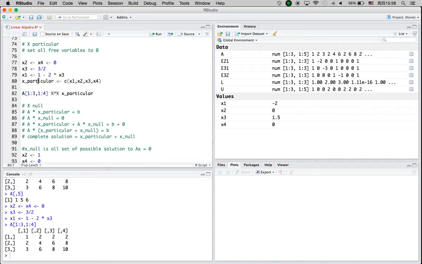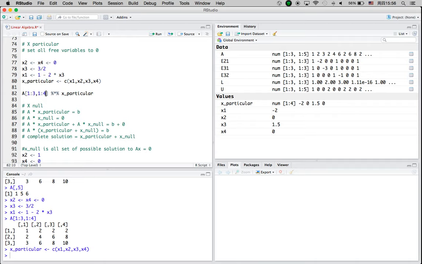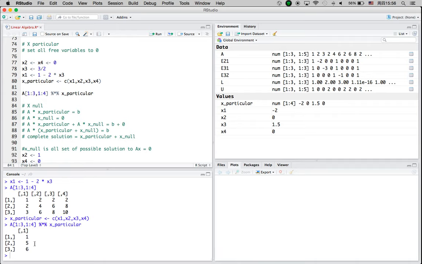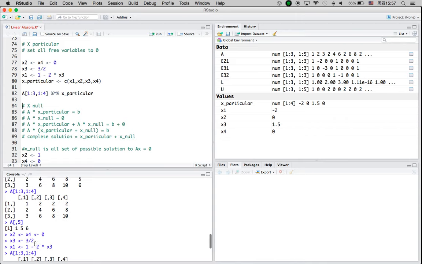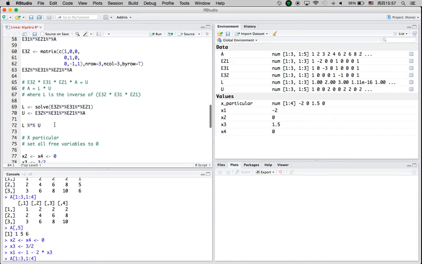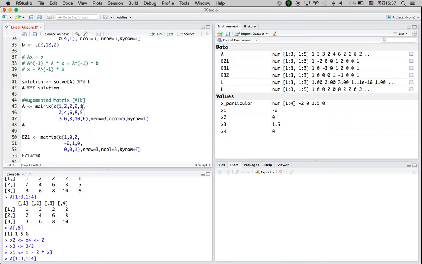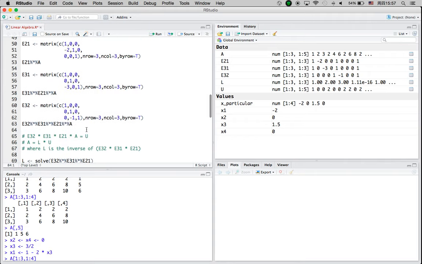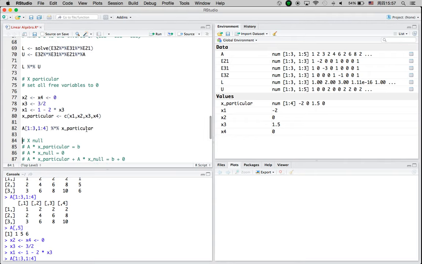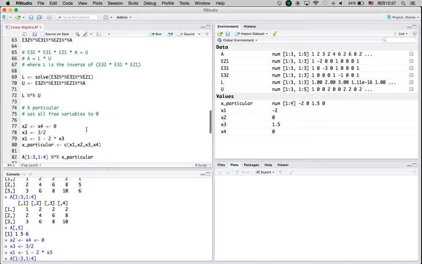We call this solution x particular, and when we multiply by the coefficient matrix, we get 1 5 6 here. So that is one particular solution of this linear system. That is one of the solutions.